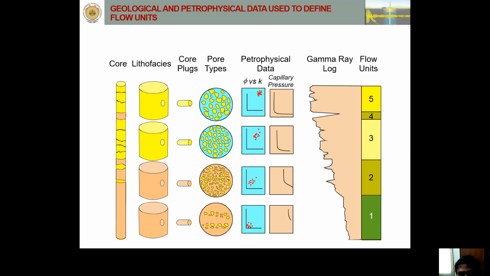From the core, we get the lithofacies. Then we take a small core plug. We try to understand the petrophysical data and plot phi versus permeability. We also try to do a capillary pressure analysis. We compare with the gamma ray log and we can classify them as flow units 1, 2, 3, 4, and 5.